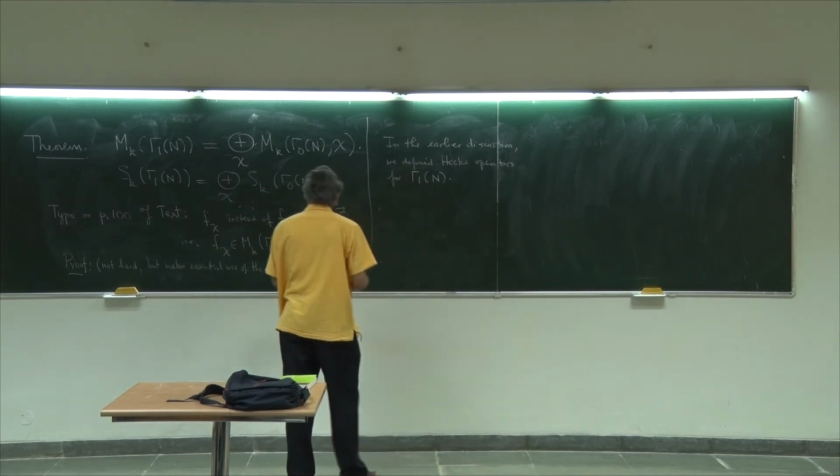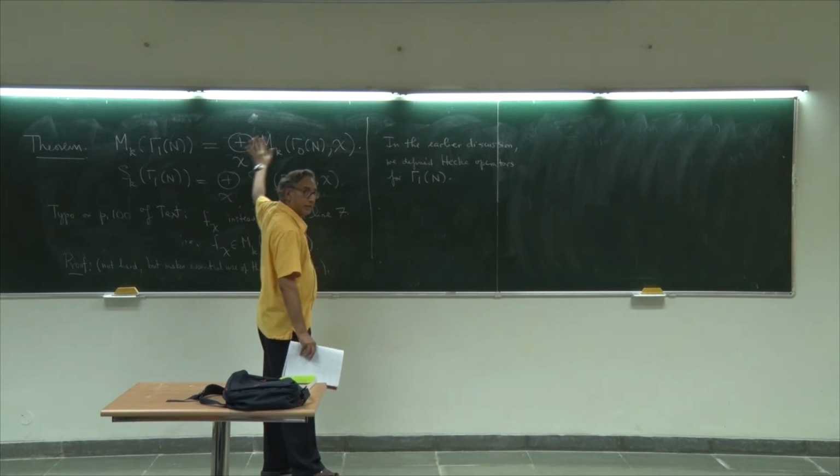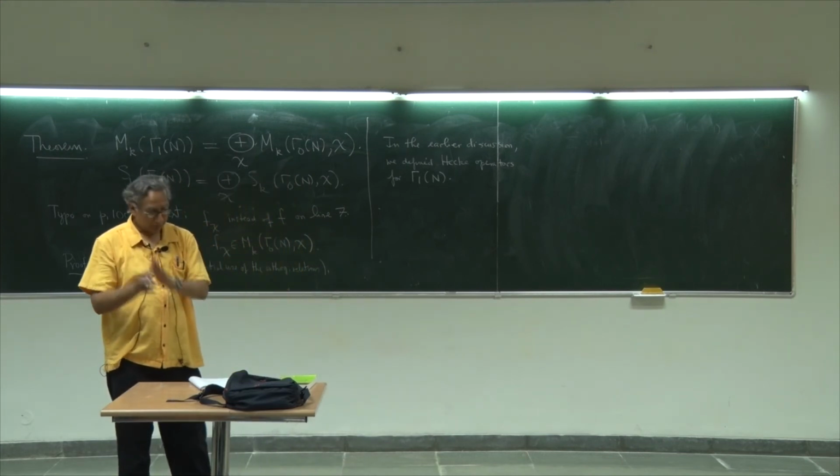So the question is, how do you define Hecke operators for these spaces? Because this doesn't fit into that formalism. These spaces don't fit. The full direct sum does, but not these individual ones. So I may want to cut down the size of the space and study each individual component separately.